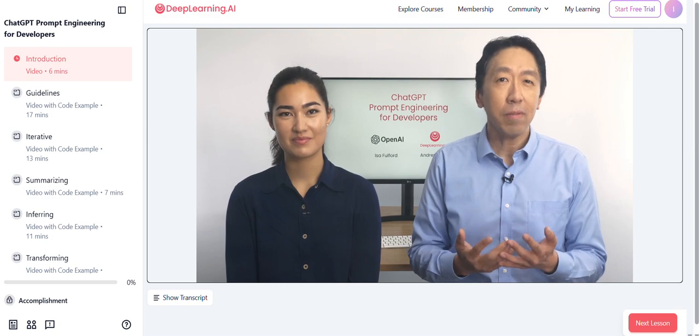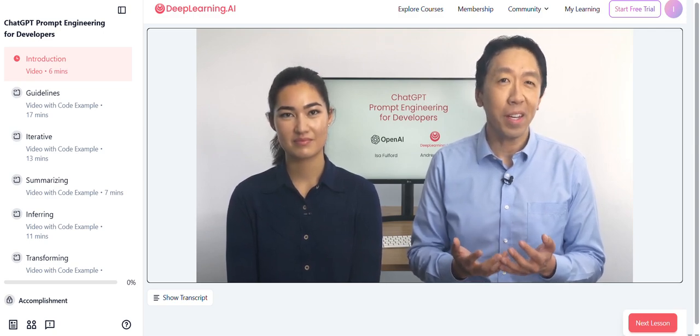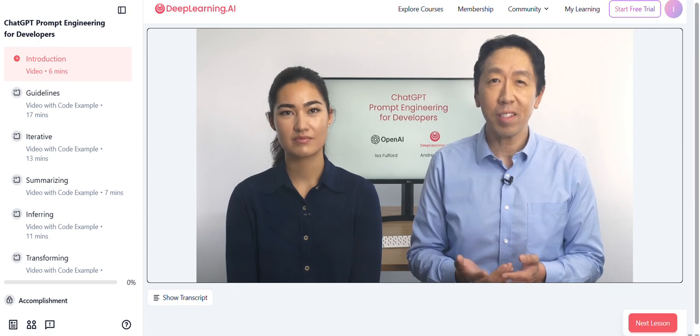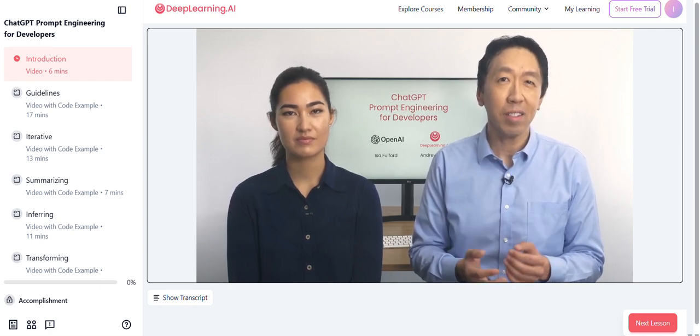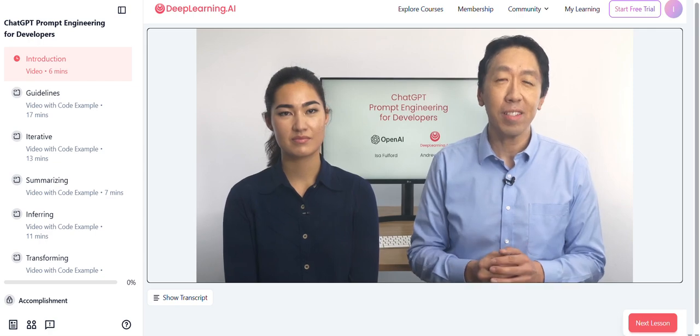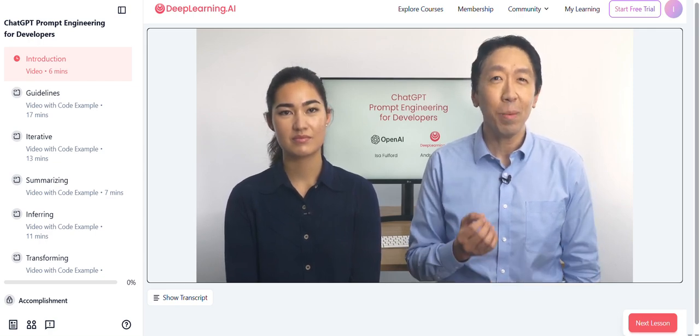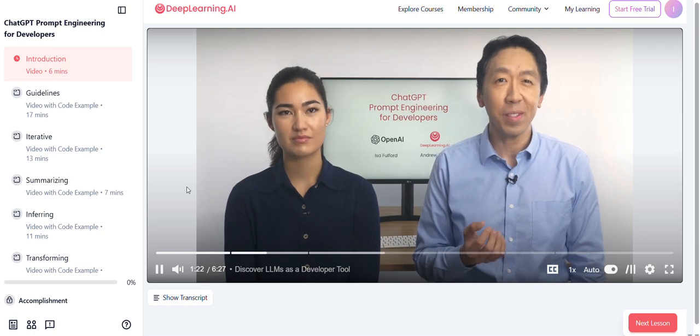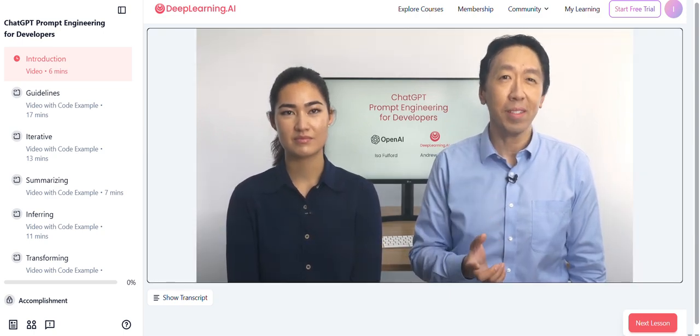In fact, my team at AI Fund, which is a sister company to DeepLearning.AI, has been working with many startups on applying these technologies to many different applications. And it's been exciting to see what LLM APIs can enable developers to very quickly build.